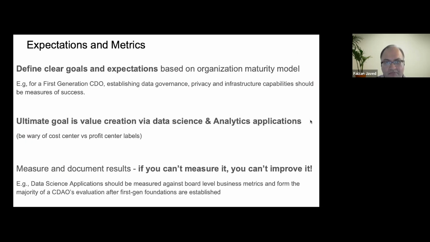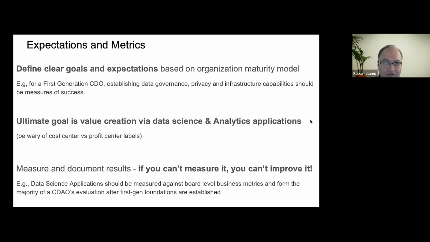So a few more tactics on how to tackle this, right? Like how can a chief data officer or people in these roles address some of these issues? The first one is to make sure that you have clear goals and expectations defined, right? You know what you're getting into and what's expected of you. So if you're coming in as a first generation data officer, you should know that, yes, this is the state of the land, and your focus will be on data governance and privacy and some infrastructure capabilities to show success, right?